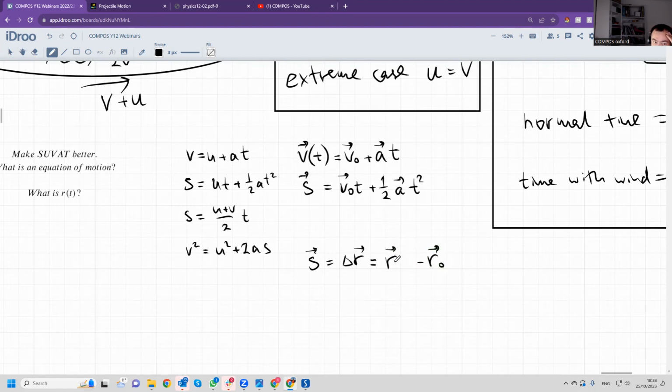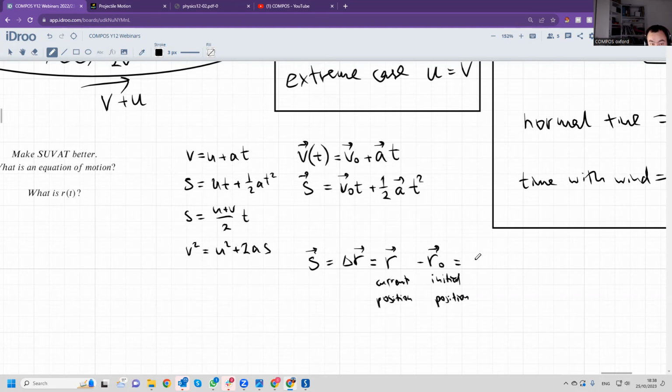The current position is the position at any given moment in time. Because the change in displacement is final minus initial. So current position, or final position, minus initial position.